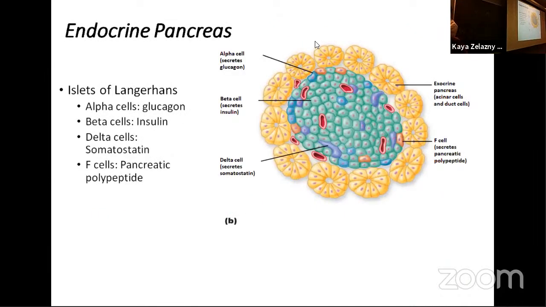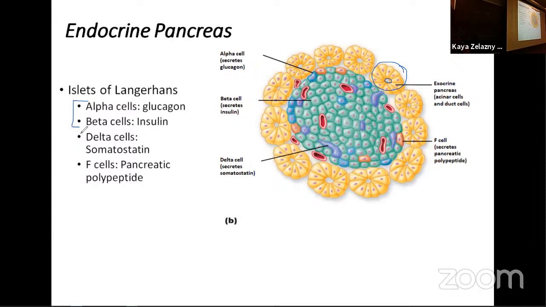So in the islets of Langerhans, here we see surrounding, we have all our exocrine cells. You can see them surrounding these ducts, basically. And on the inside here, the green and blue and purple, we have our endocrine cells. So the ones I really want you to focus in on, the most important ones, are going to be our alpha and beta cells.